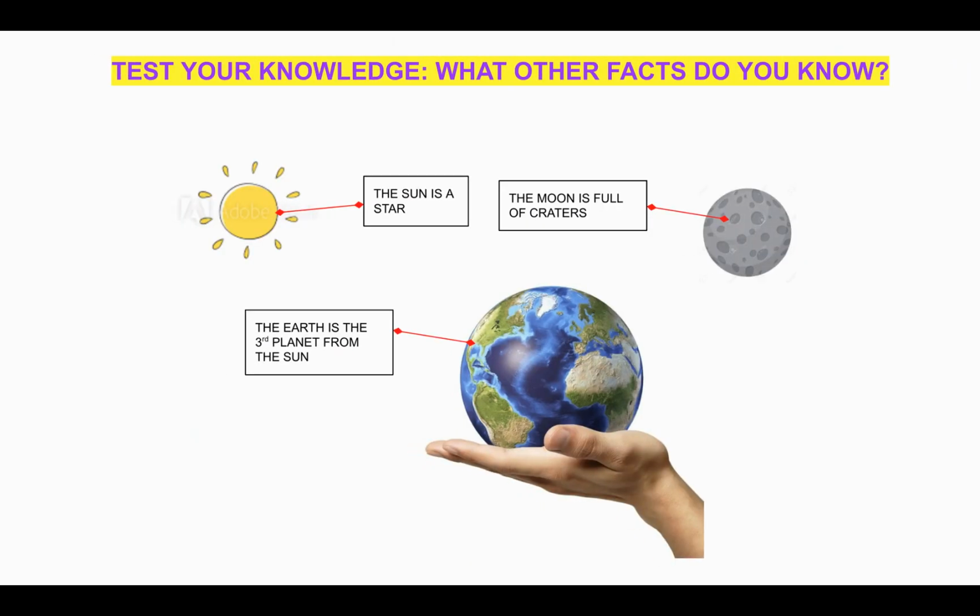So, in relation to this, the first thing is testing your knowledge. What facts should you know here about the Sun and Earth Moon system? Now, you might take out a pen and write down maybe 4 or 5 facts that you know about the Sun and Earth Moon system before you even start. Okay, so some facts you might know, for example, is that our Sun is an example of a star.